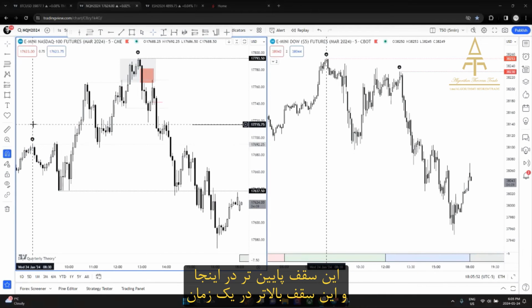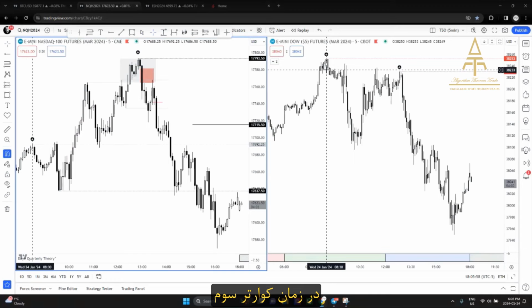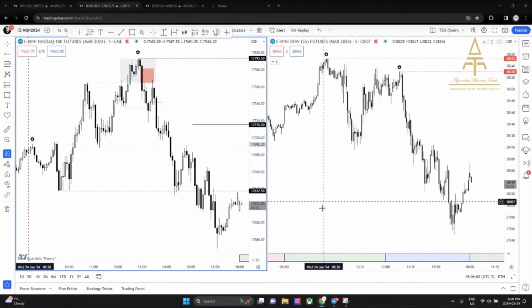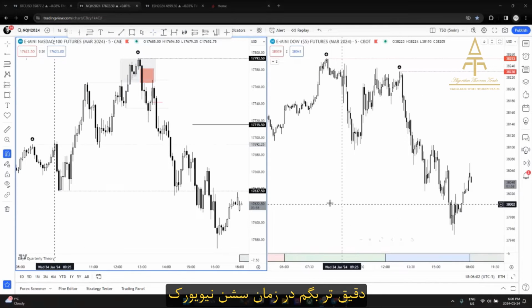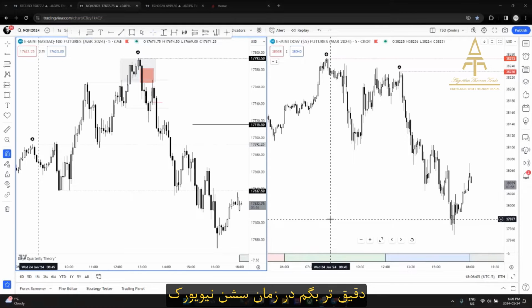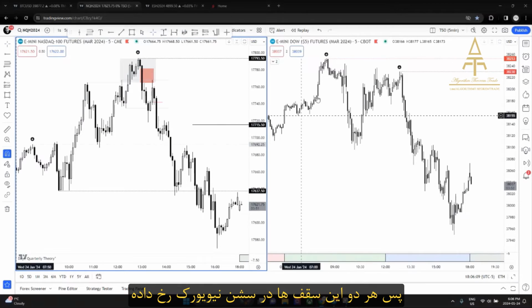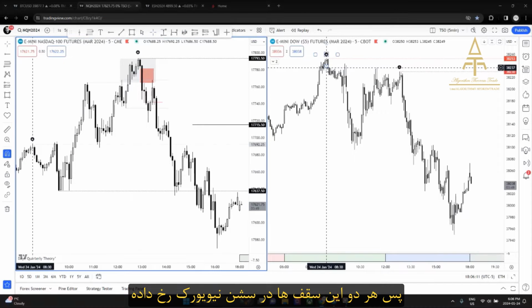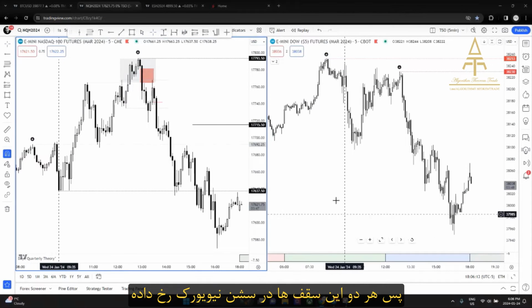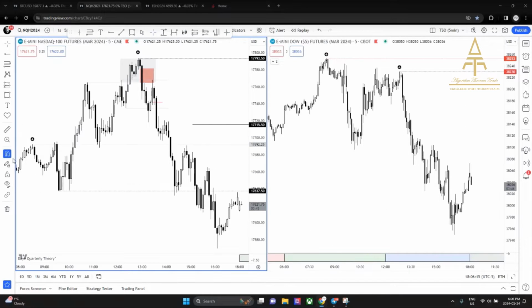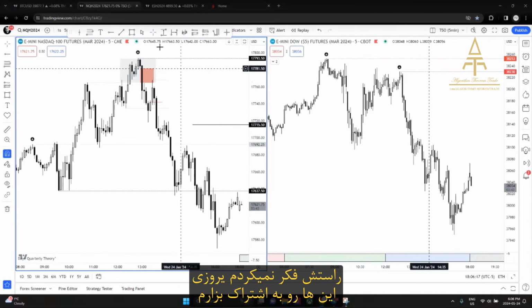This lower high right here and this higher high formed at the same time during Q3, more specifically the New York session. They both formed during New York. This is actually fire.